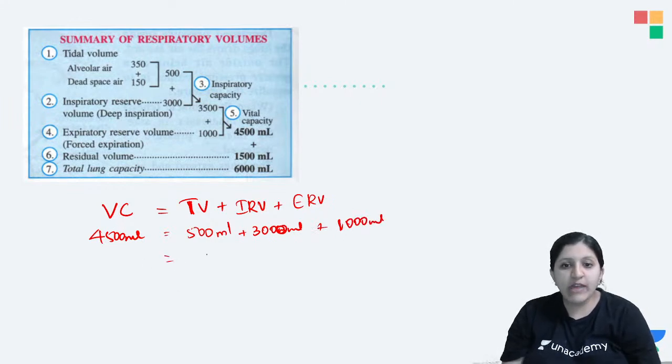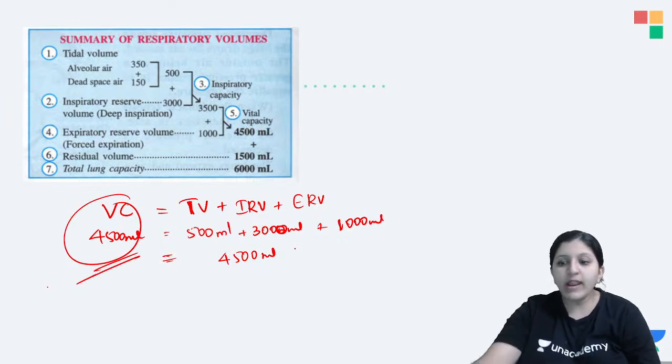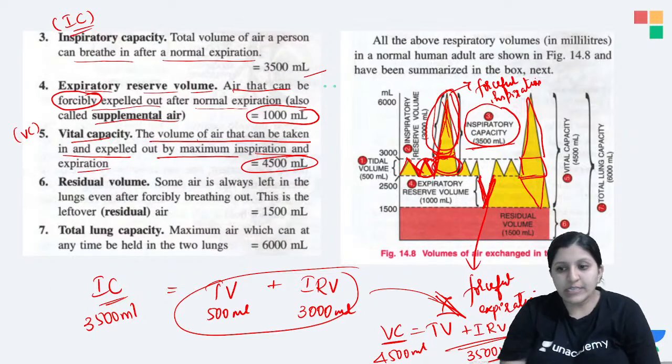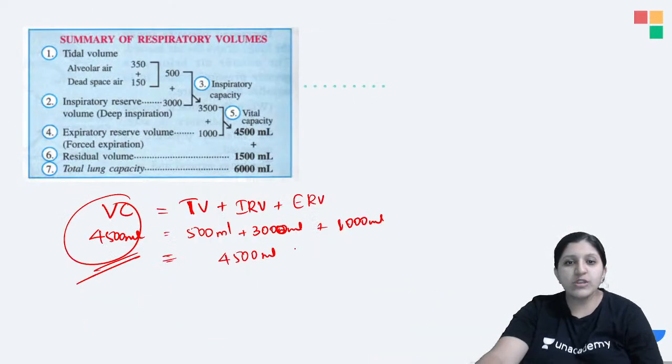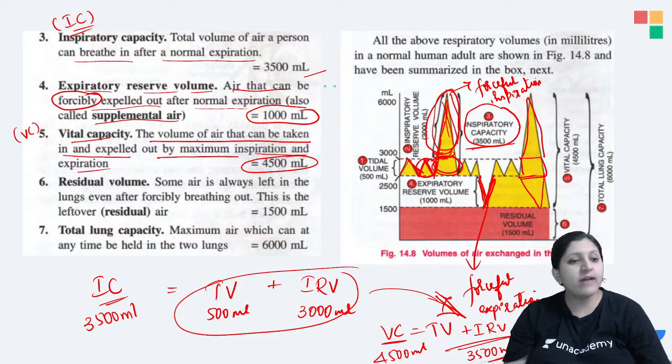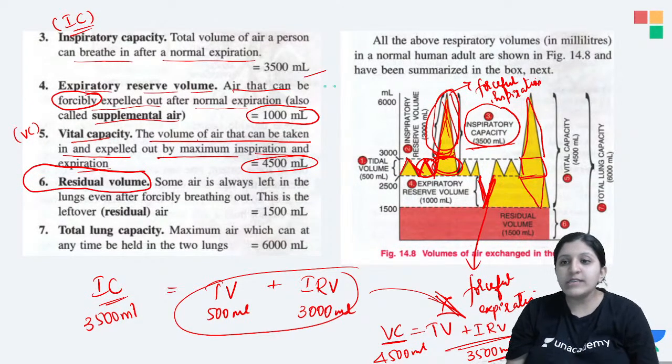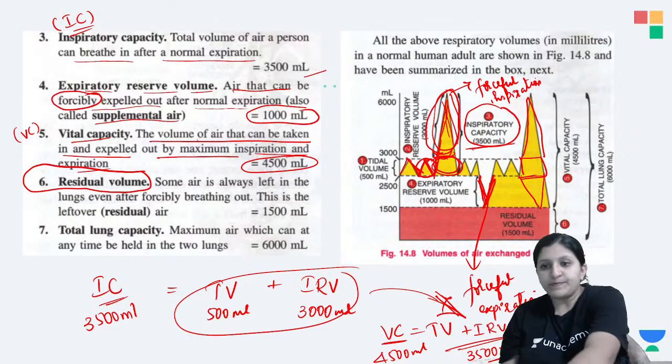So how much have we got? 3000, 4000, so 4500 ml for vital capacity. All right, so that is vital capacity. Same thing I had written here. Now moving on to the next part, that is residual volume. You can see this picture here.